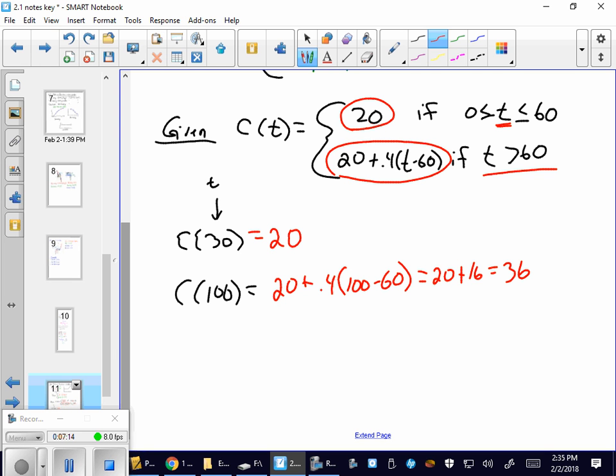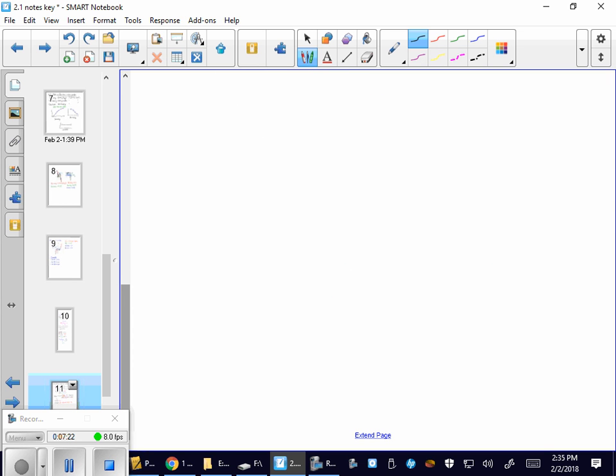All right, so let's do one that's just a little bit more straightforward. We're going to be given f of x is the piecewise function, which is defined to be x plus 2 if x is less than or equal to 1, and f of x is 4 if x is greater than 1.